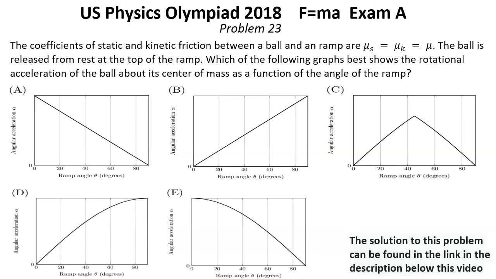It means that choice B is impossible and choice D is impossible. So we have only choice C left. And we see that here we have increasing angular acceleration with the angle increasing till some critical angle, and after it's decreasing to 0. So that's the solution for problem number 23.